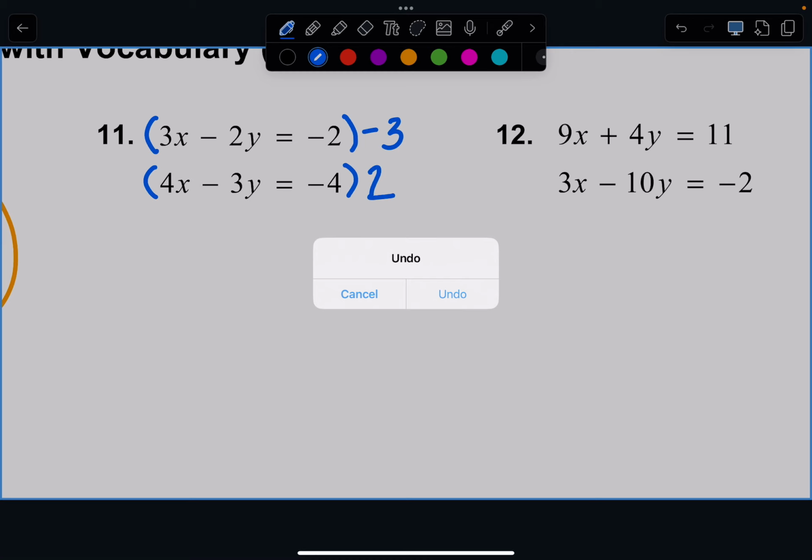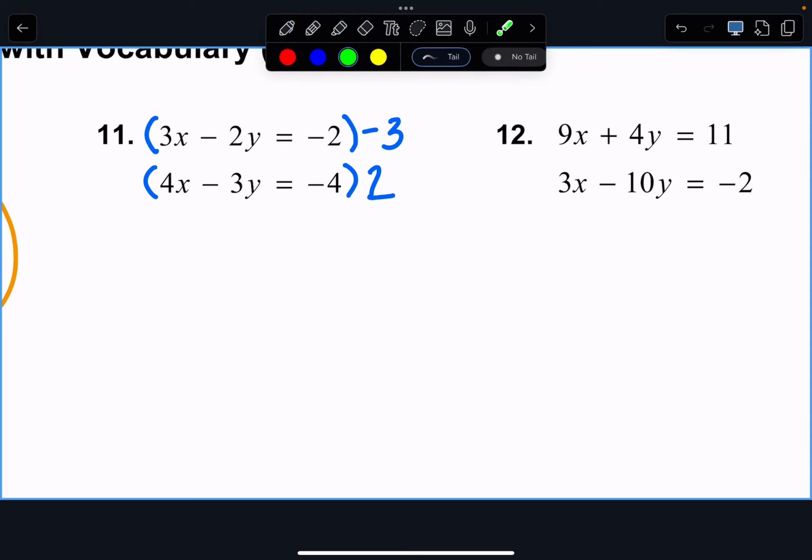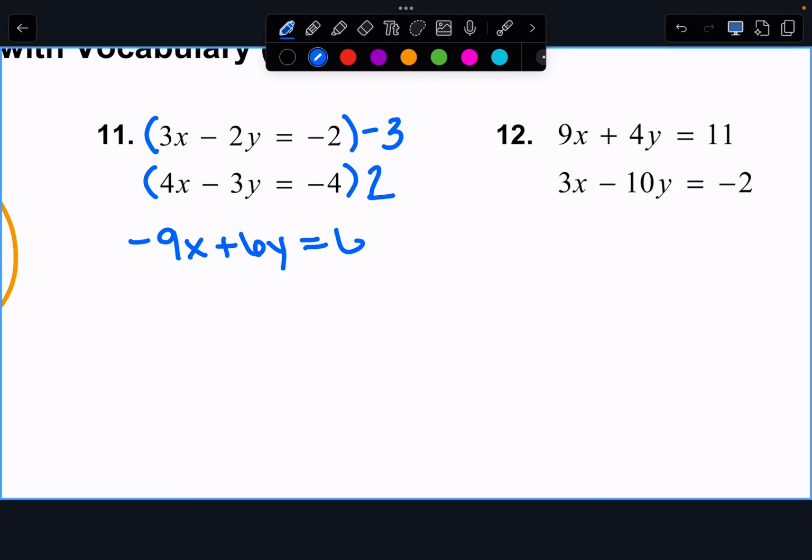I need to see, number one, the number you multiplied. Number two, I need to see you rewrite them. So our first one, if we were to distribute that -3 to all three terms, we have -9x plus 6y equals a +6.